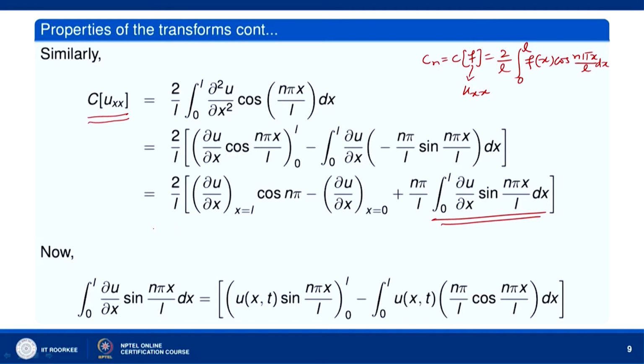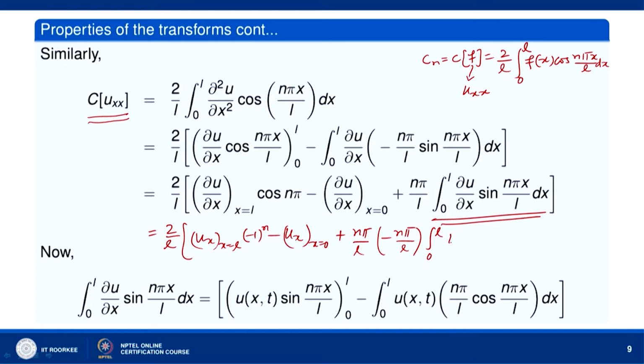So, what you get here is 2 over L times [u_x at x equal to L, cos n pi, which is (-1)^n, minus u_x at x equal to 0], and n pi over L here we have, and from here what we get is minus n pi over L times the integral from 0 to L of u_x(x,t) cos(n pi x over L) dx.